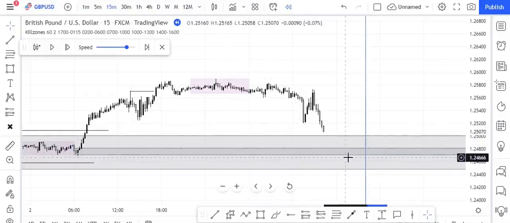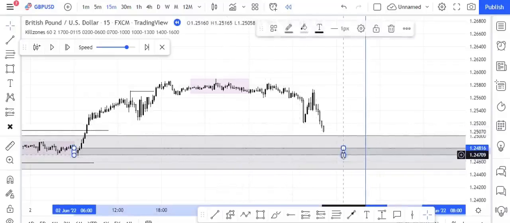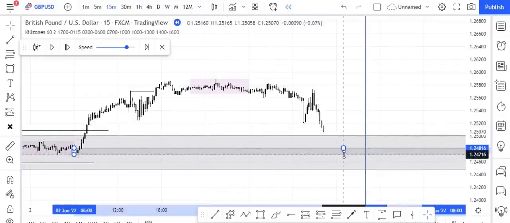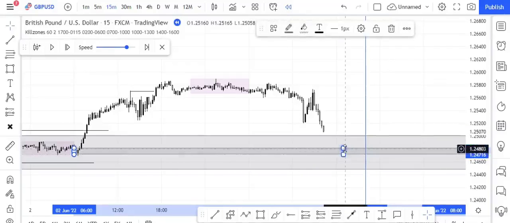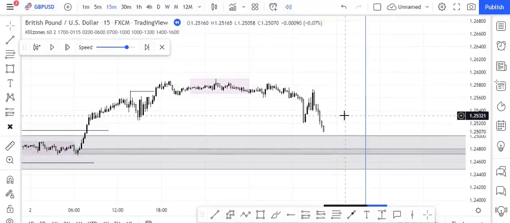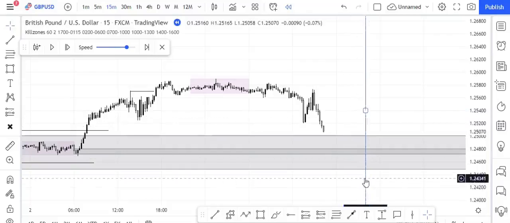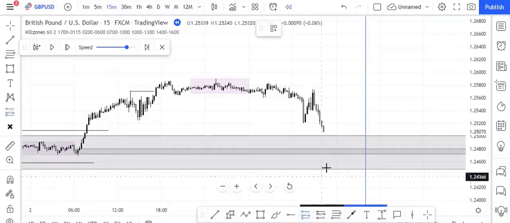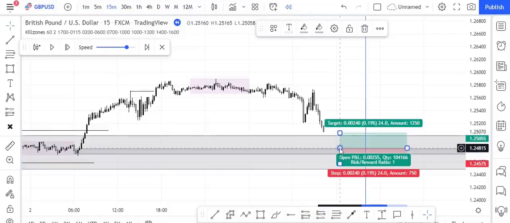I want us to be very precise about this OB. That's the OB. All right, so we want to frame it. We want to go long. We want to take price from here long.